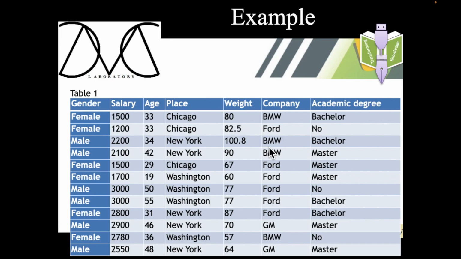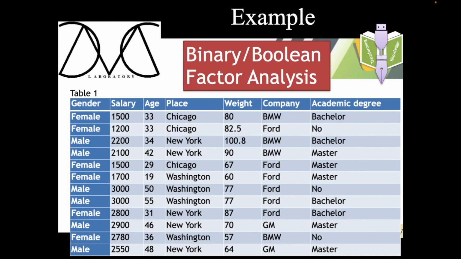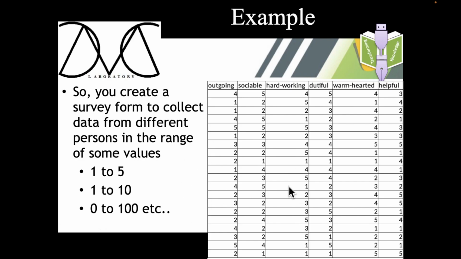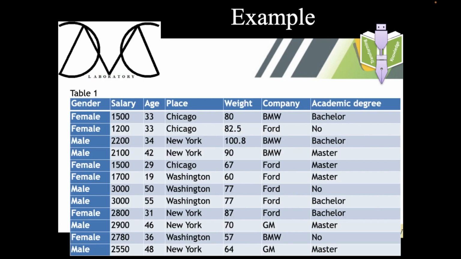In that case, what we have to do is binary or Boolean factor analysis, which I will not explain here. Okay, so when you have categorical data or categorical attributes, you can do factor analysis, but that is not the usual factor analysis. In that case, you have to do the Boolean factor analysis. But the general factor analysis term is actually used for this kind of numeric data set.